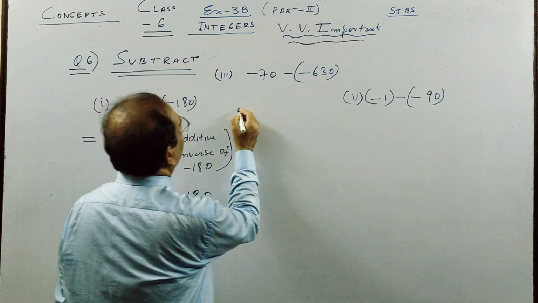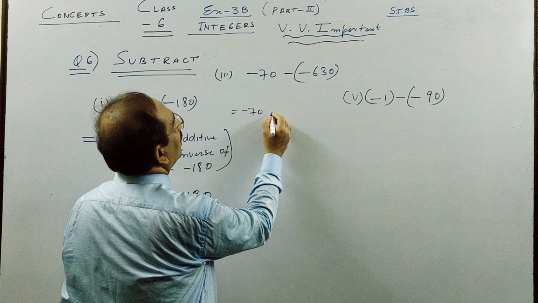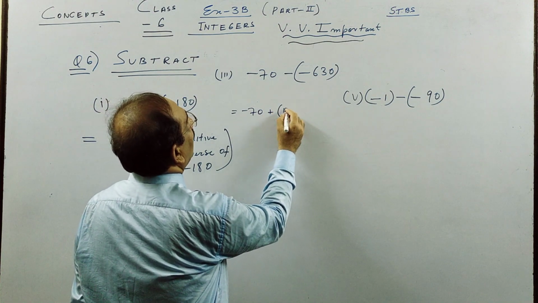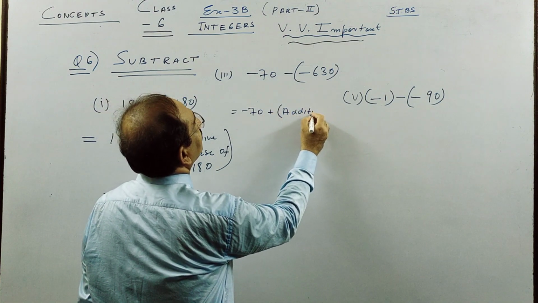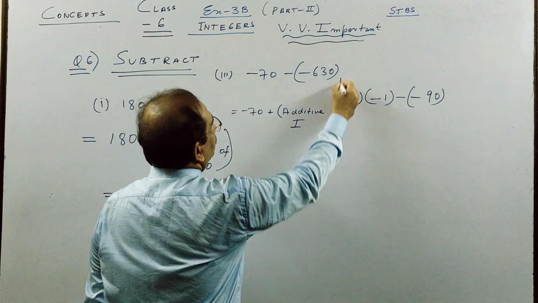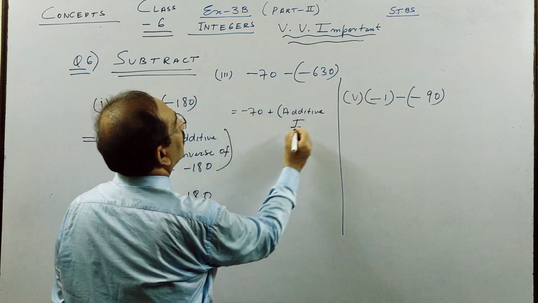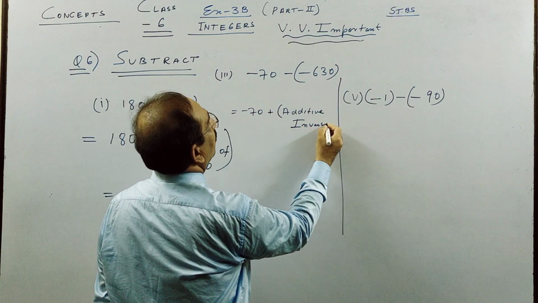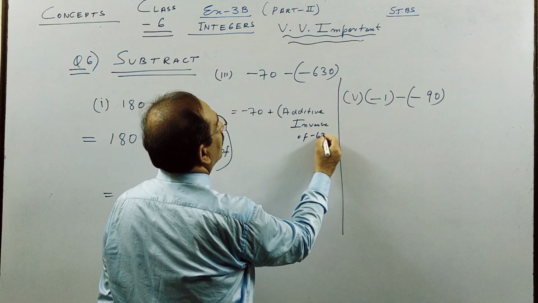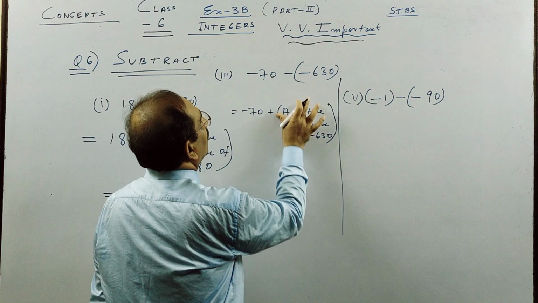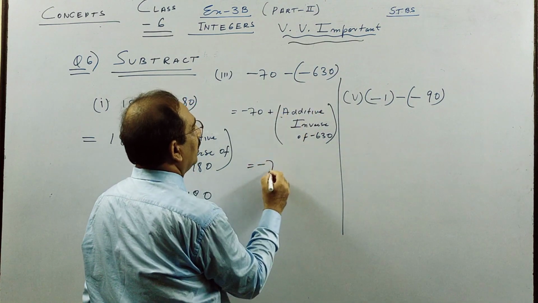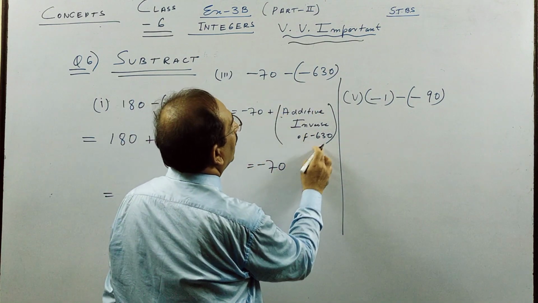Here we have minus 70 plus additive inverse of minus 630. So this is minus 70 and additive.